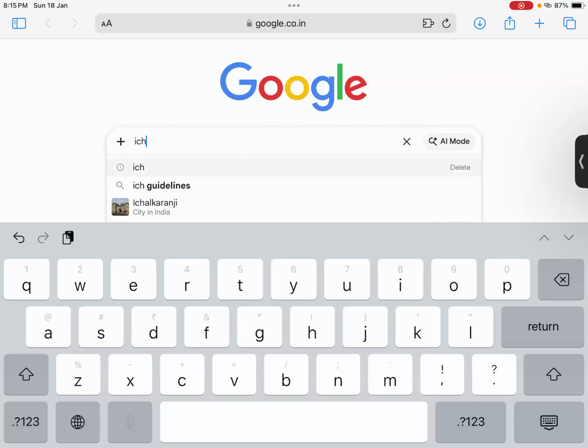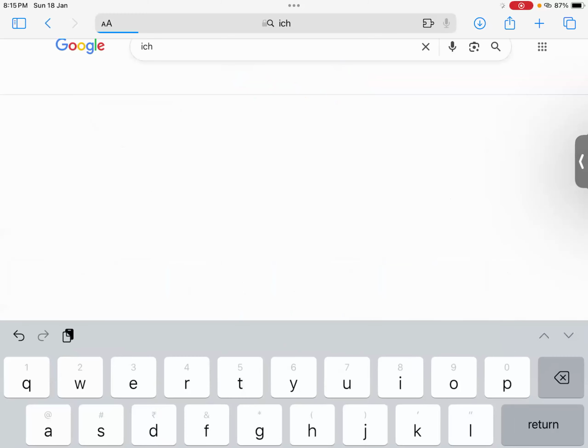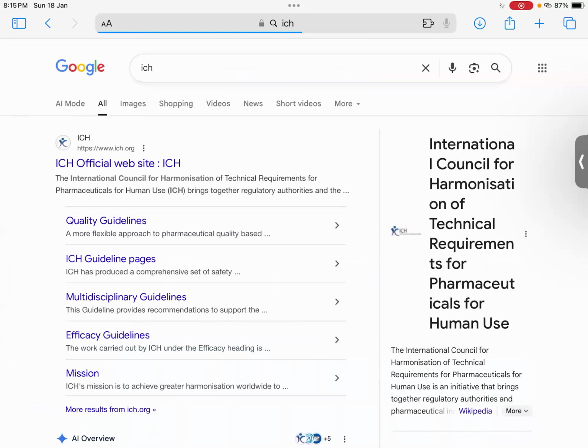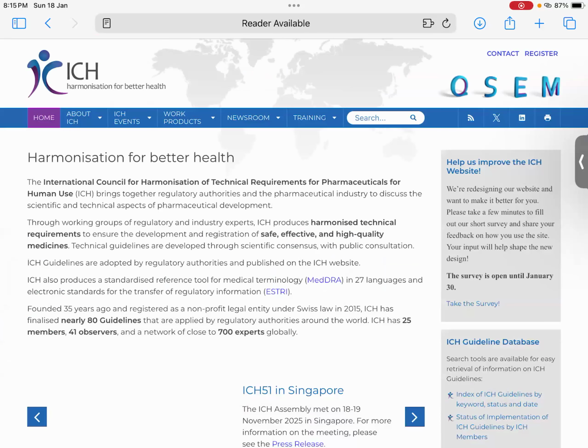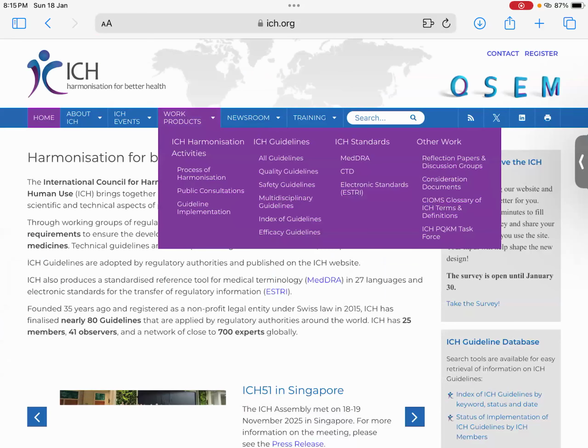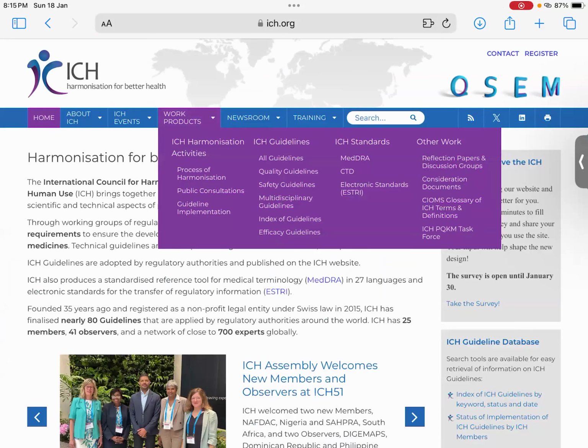Simply type this, and you will come here. Now there are a couple of options. Either you can go to work products and go to the efficacy guidelines.